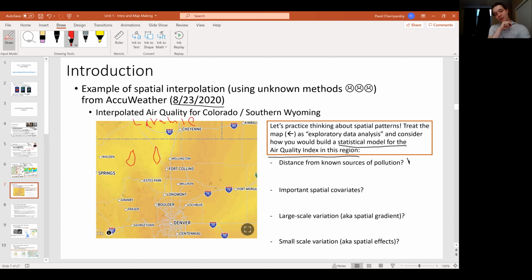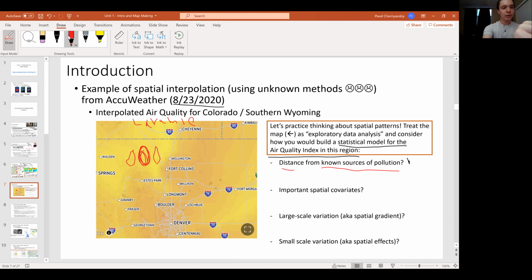But you can see that doesn't help you explain this particular pattern of air pollution, because right near the fires, it's actually better air quality than down in the valleys. So if you map the known sources, you can't just use a distance. That doesn't help you here. You would be saying that somewhere over here would be the worst air. That's not the case. There's something else happening.